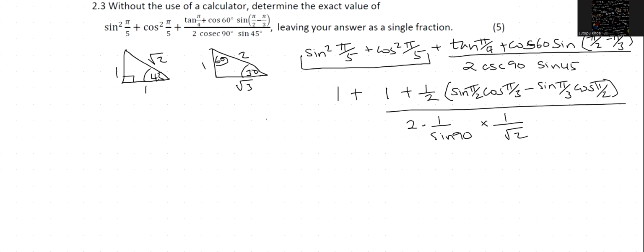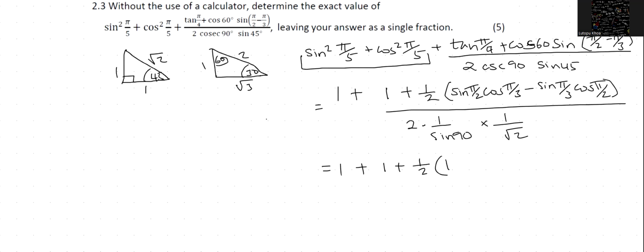So this then gives us 1 plus 1 plus a half. Sine of pi over 2 is 1.